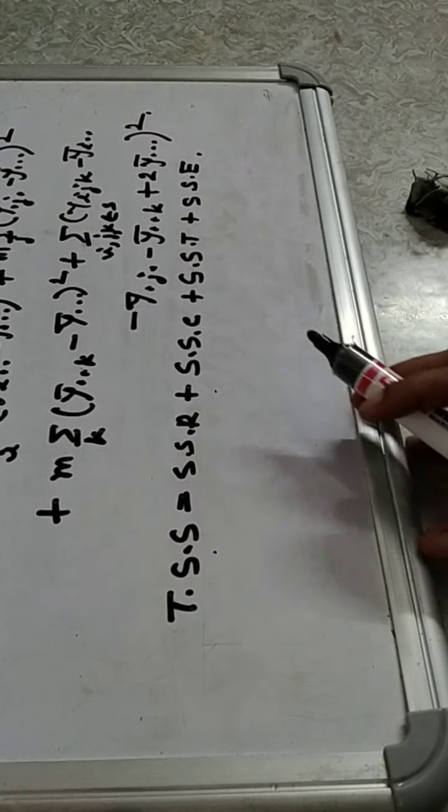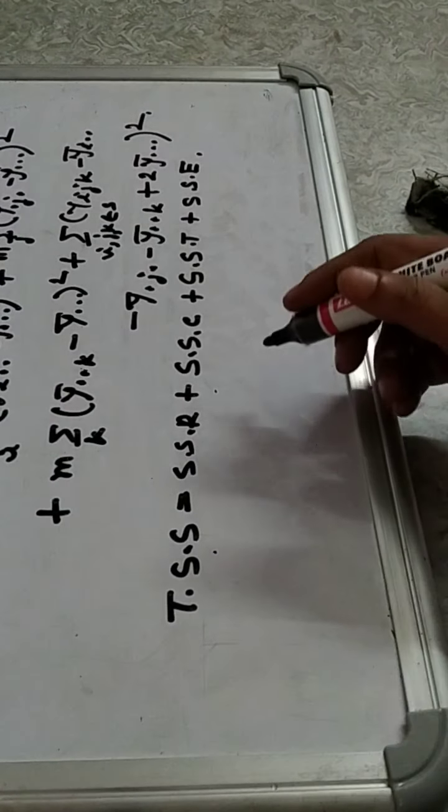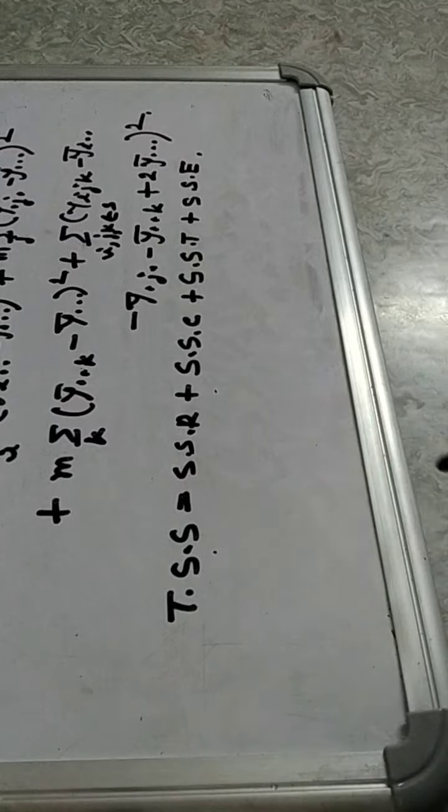And this is given by total sum of square.